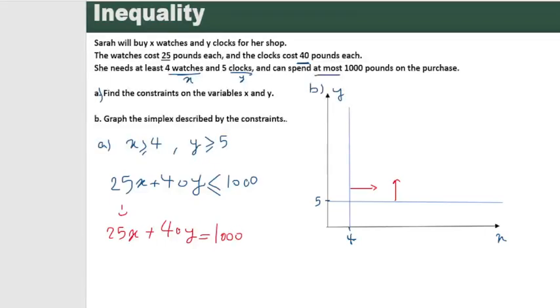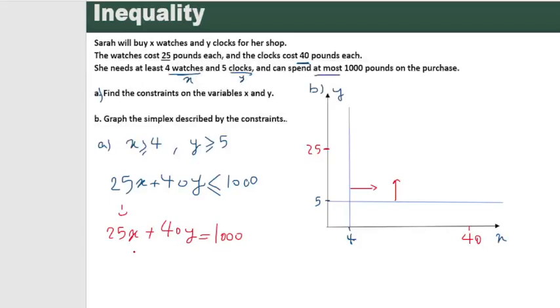To draw this line, for example, if I put y equals 0, I will have x equals 40, which is here. If I put x equals 0, I will get y equals 25, almost here.